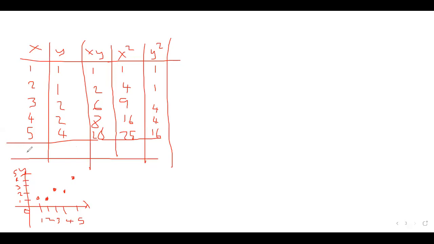What totals do we have here? Y squared is 26.